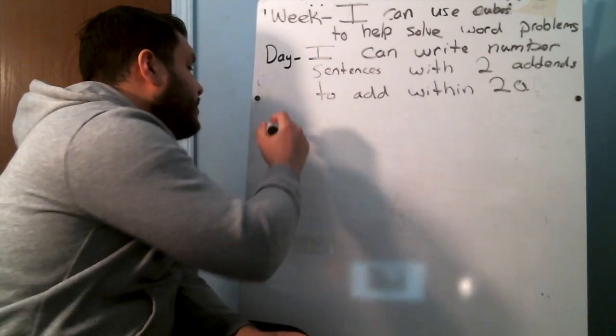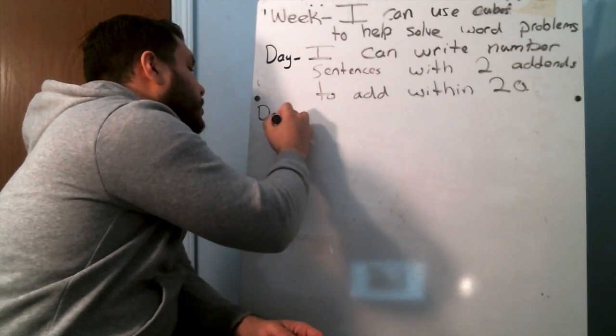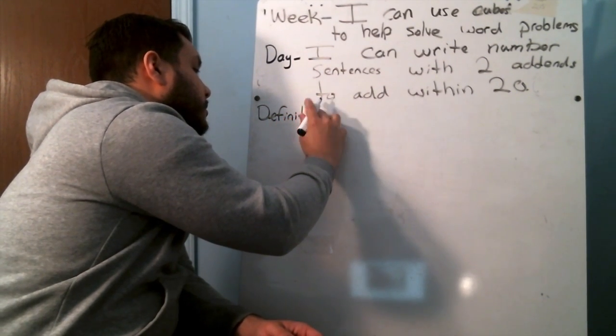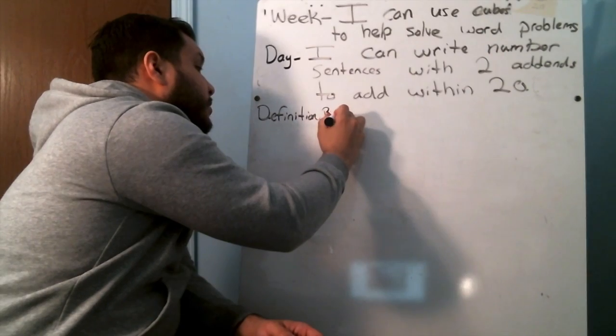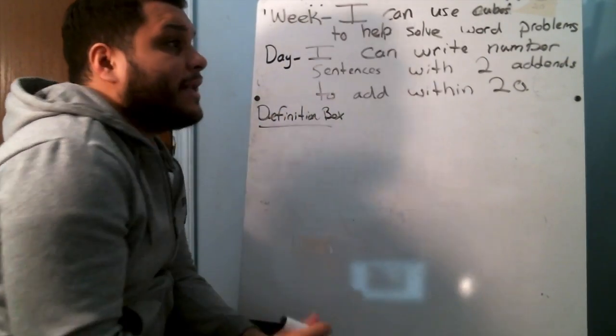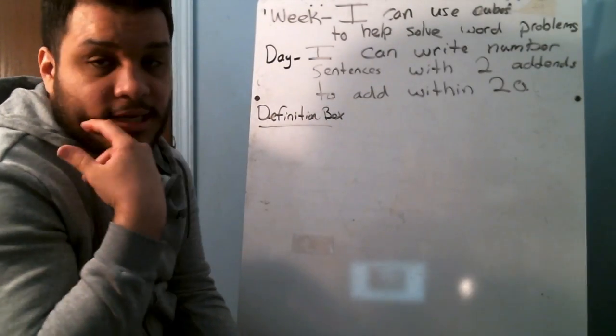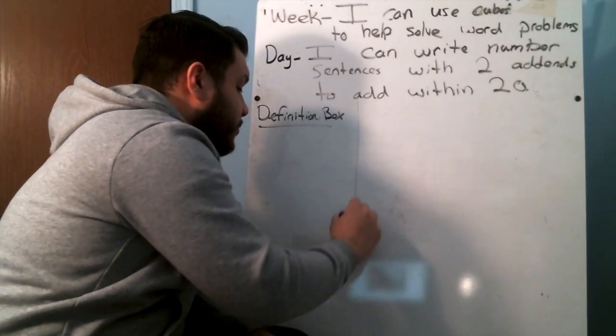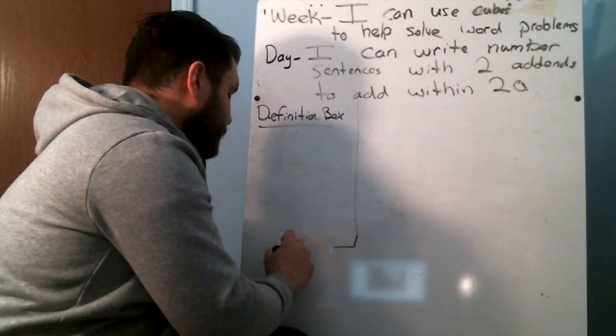So in our definition box, we're going to have a few words. But during this week, we have already defined a lot of math words, and you're going to see our word wall in just a second. But today we're going to focus on the following math words.